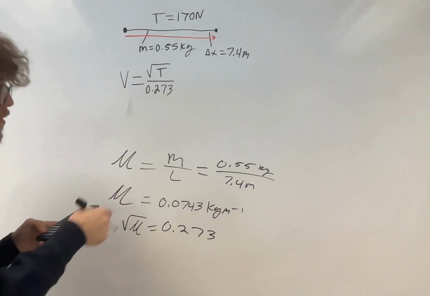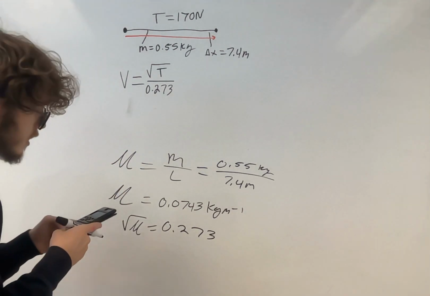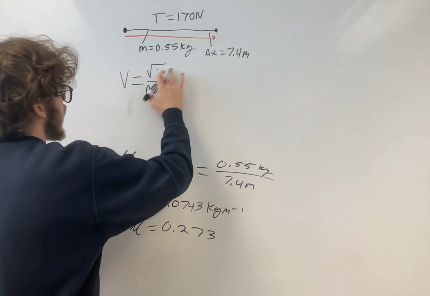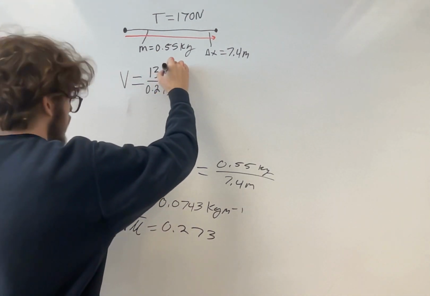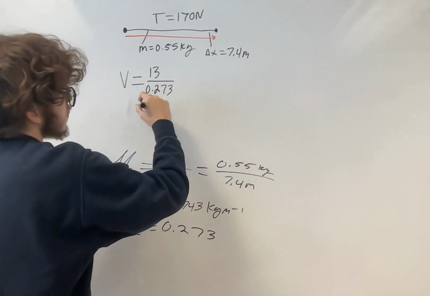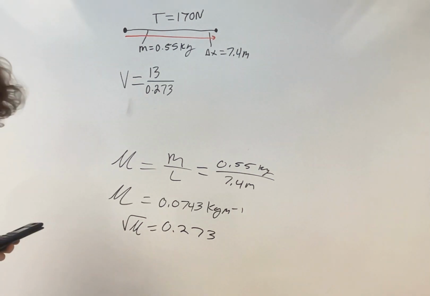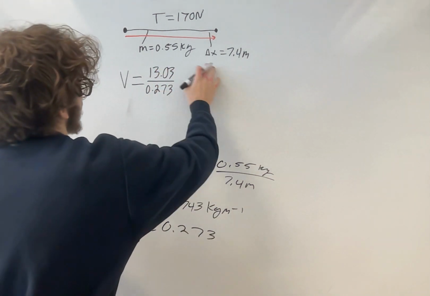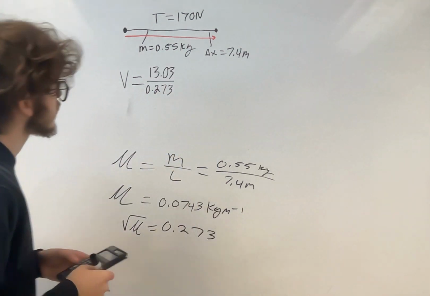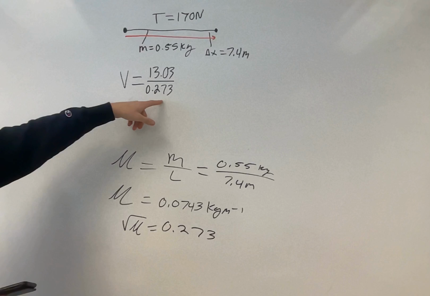And let's take the square root of the tension just to simplify our formula here. So the square root of 170 is approximately 13. And because I used 3 here, I know I can only use 2 sig figs. Just for the calculation's sake, I'll keep a couple decimal points. But when we take our final, we'll keep it to 2 sig figs. Okay, so we have 13.03 over that number there.